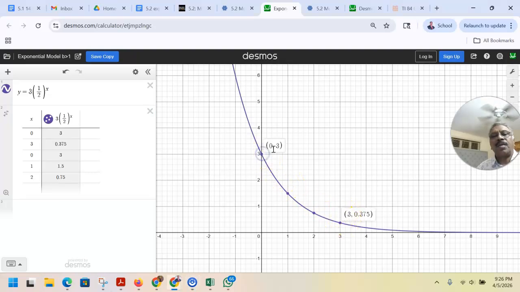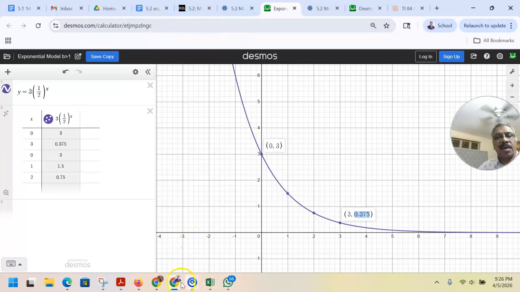So this was given to you: 0 and 3, and this was given to you: 3 and 3/8. But 3/8 is 0.375. You can see there's a nice exponential decay. The y-intercept is (0, 3), and that's how the graph looks. I hope that makes sense.